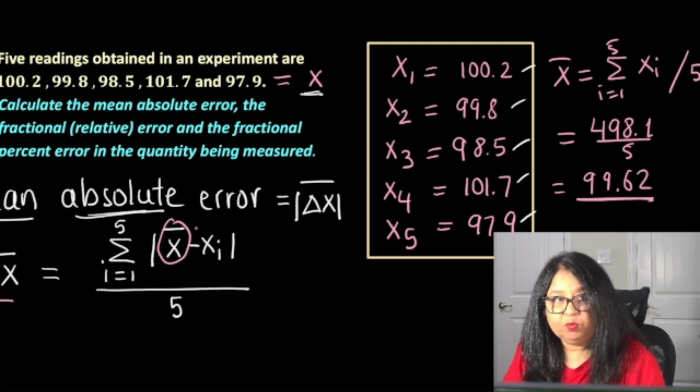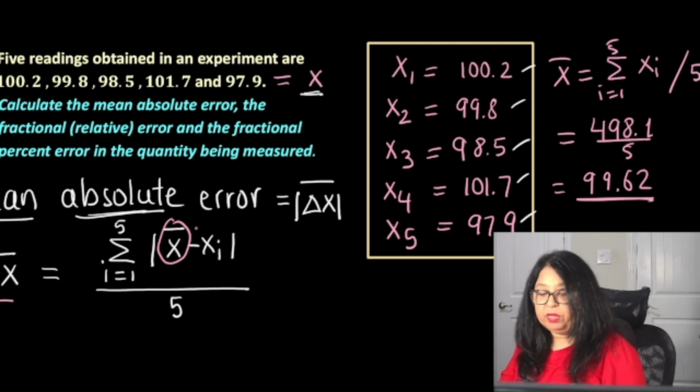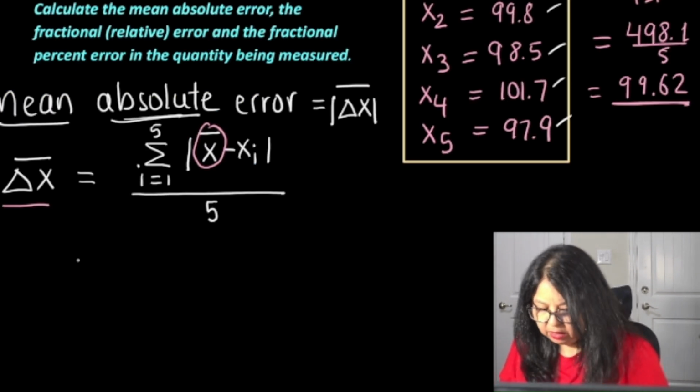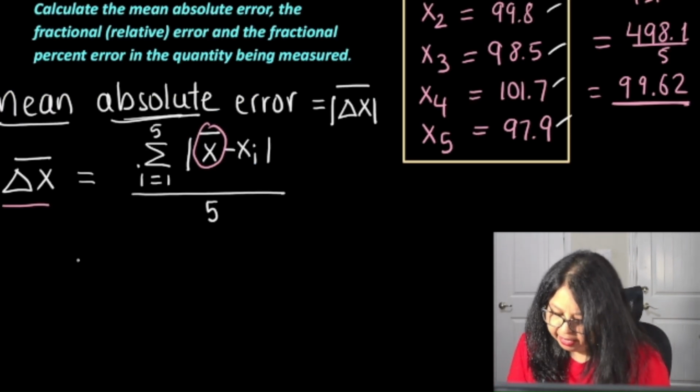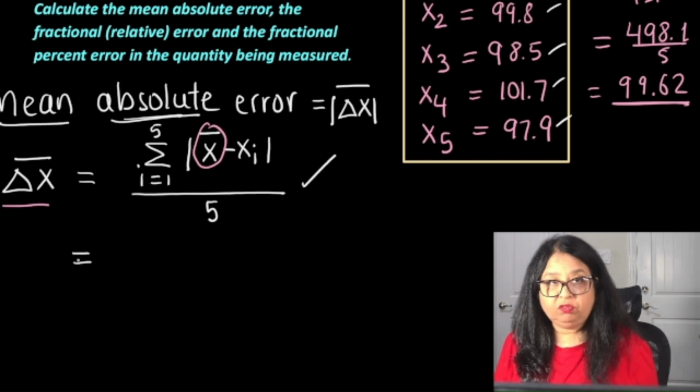Now using this x bar, we're going to figure out the value of the mean absolute error in x. So I'm going to expand this notation in its symbolic form.